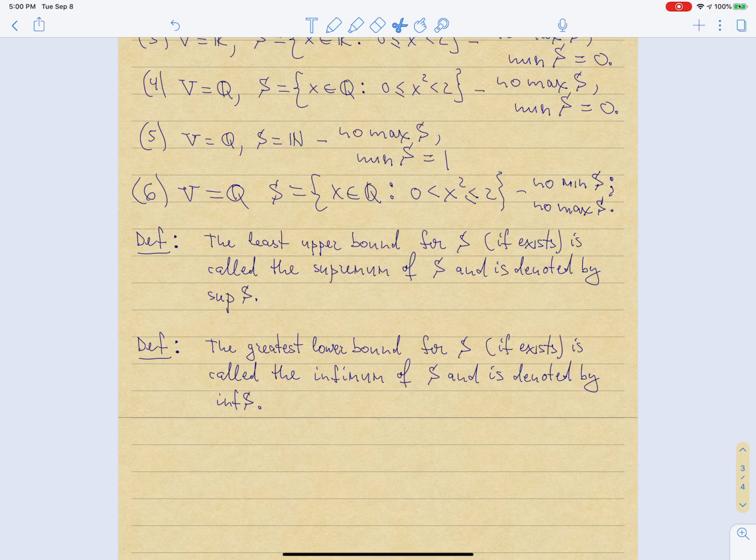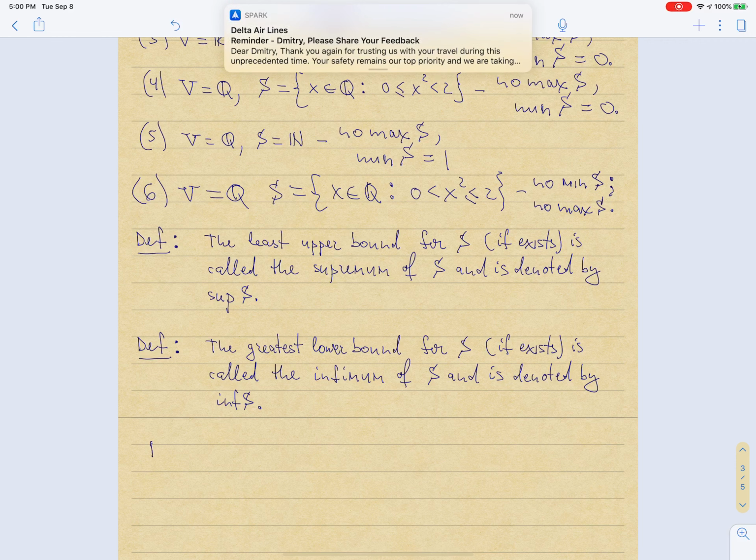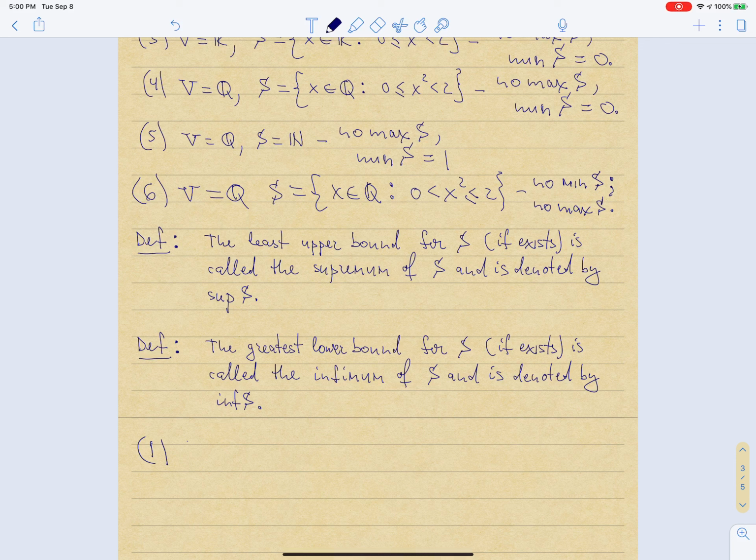So let's look at those again for our set of examples. Example 1 again: V is R. So I'm working in the set of all reals. And S is a finite set, 1, 2, 3.